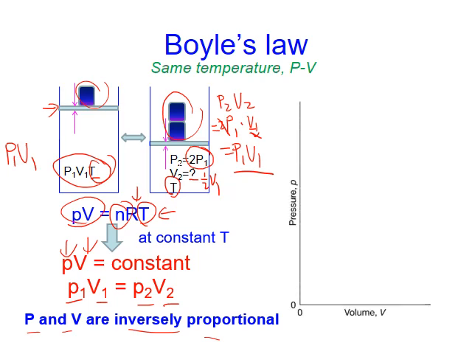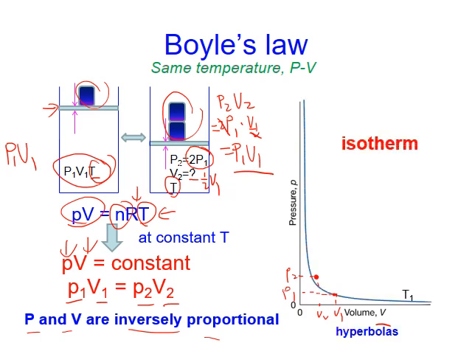Here's a plot of pressure over volume when temperature is constant. Initially, let's say this is the initial volume V1 and pressure P1. And when pressure increases twice, the volume will be reduced to half, V2. So here is the second point. If you connect all these dots, you get this kind of curve.